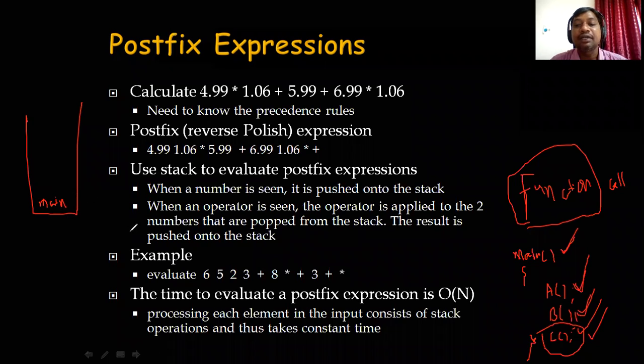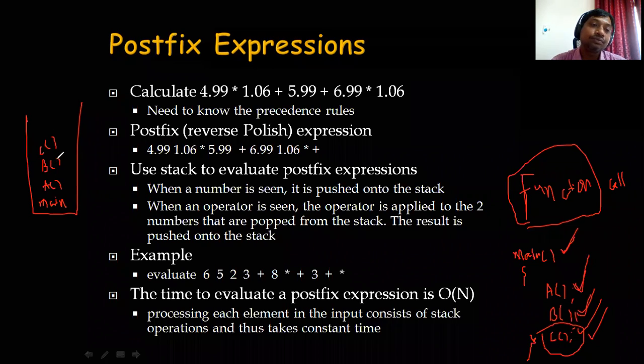Main will call function a, so on top of main we'll have the things corresponding to function call a. On top of it, function call b, and on top of it, the things related to function call c.